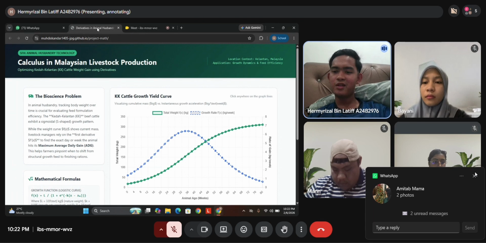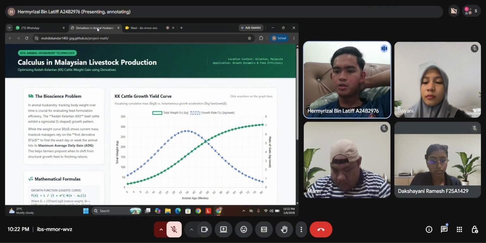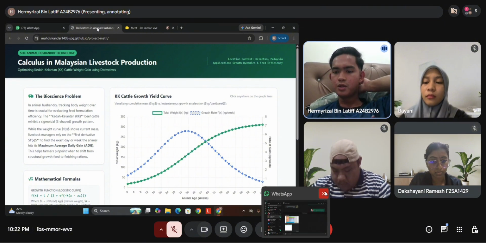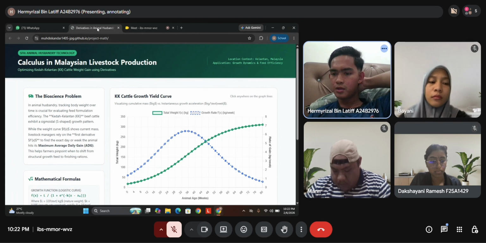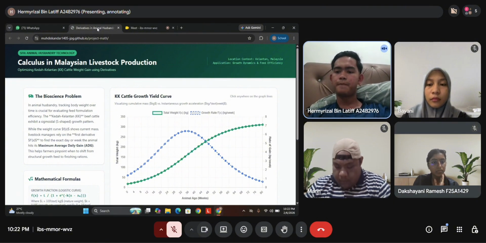Today, we are looking at a real-world application of calculus in agriculture: optimizing the growth dynamics and feed efficiency of the indigenous Kedah Kelantan, or KK, buff cattle, right here in Kelantan, Malaysia.